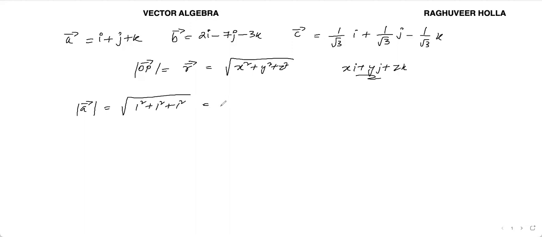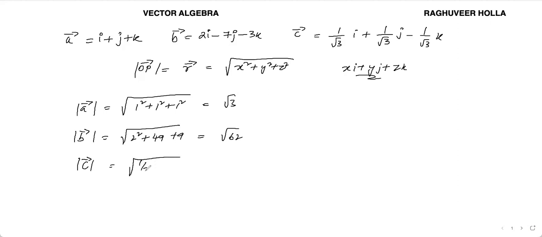So mod A will be square root of 1 square plus 1 square plus 1 square, and this would be root 3. Mod B will be square root of 2 square and 49 and 9, and this will be root 62. And this will be 1 by 3 and 1 by 3 and 1 by 3, so this will be 1.